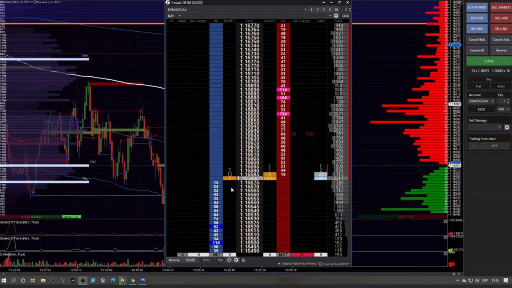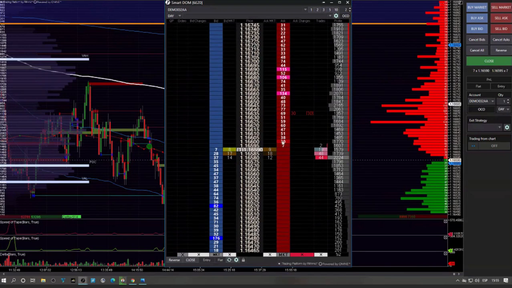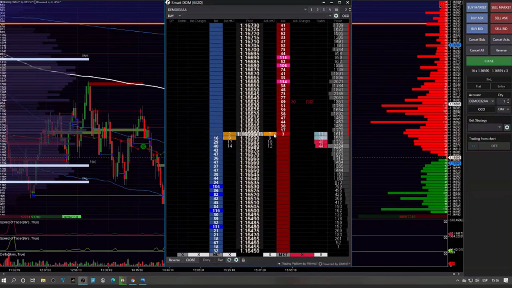And these numbers appearing between the price and the blue and red columns are the market orders. If a market order or many market orders take whatever is available here, the price will move up one tick. If it's taken on the bid, it will move the price down.